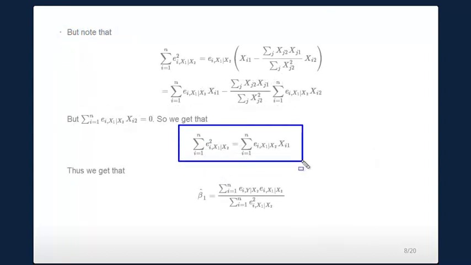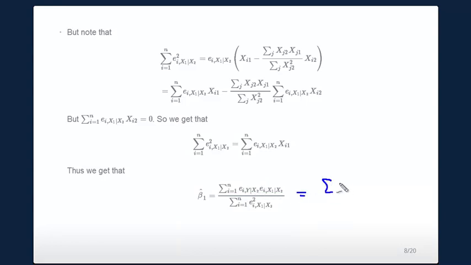As a result, what is this? Well, this is just equal to the sum of vector 1i times vector 2i divided by the sum of vector 2i squared, which we agreed was the slope estimate from the regression through the origin, where vector 1 is the response and vector 2 is the predictor.